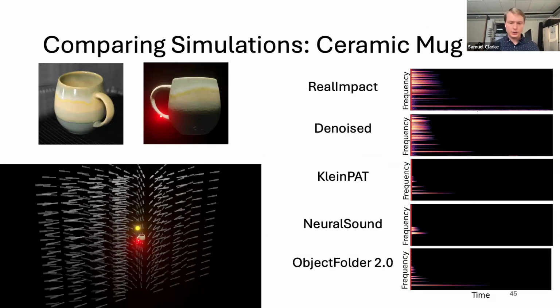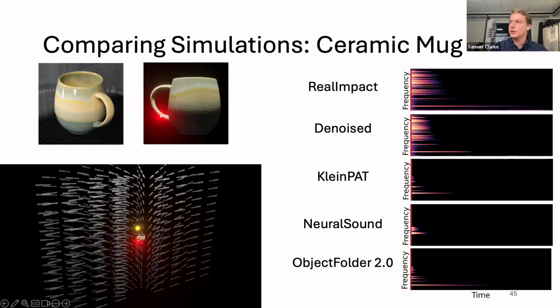And here I'll compare our measured sounds in Real Impact to some of these state-of-the-art simulators. First of all, Real Impact is our recording. Then the denoised one just uses a learning-based denoiser to remove some of the noise from our recording.